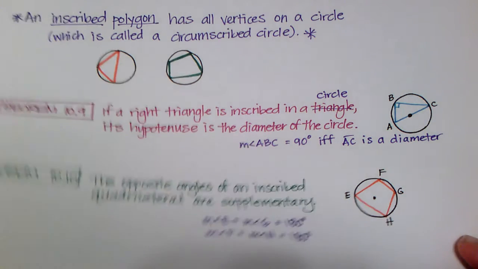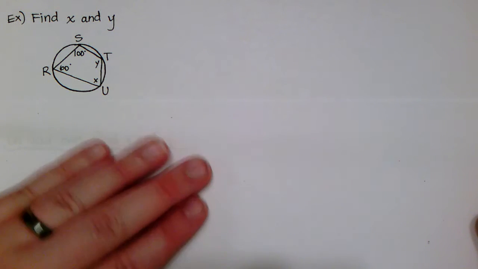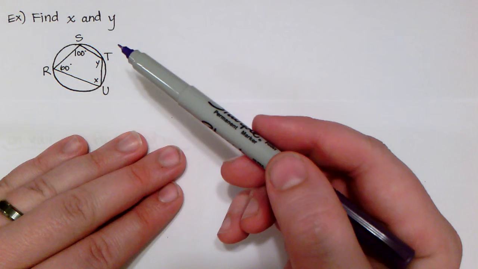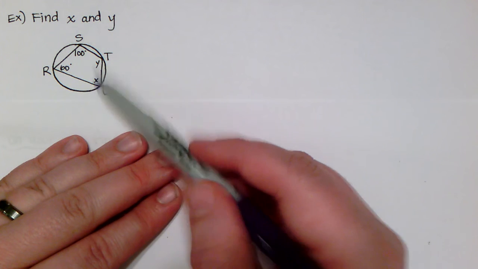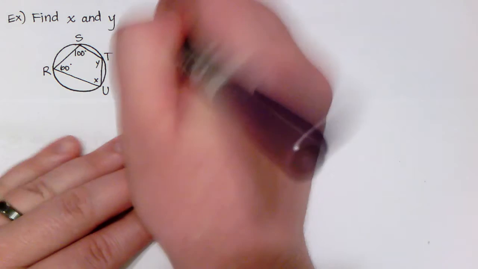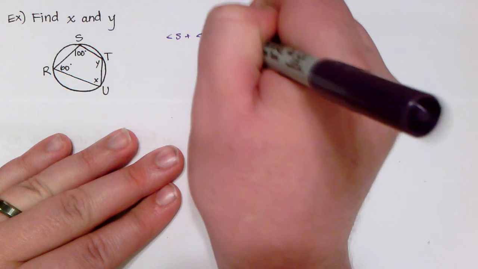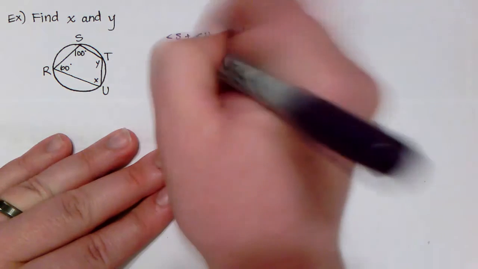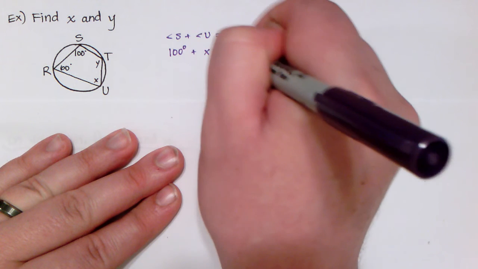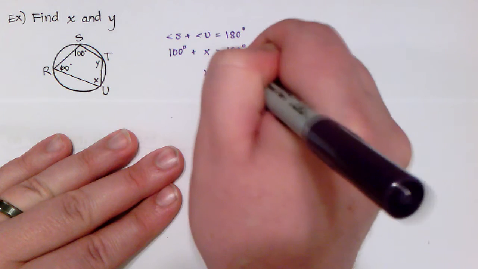So why don't we use that to do one example? Based on this diagram, I want you to find x and to find y. Why don't we start with x? We know that the opposite angles should add up to 180 degrees. So angle S plus angle U add up to 180. If angle S is 100 and U is x, I simply subtract 100 and I find that x is 80 degrees.